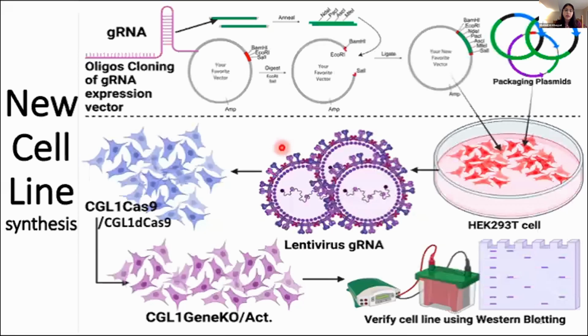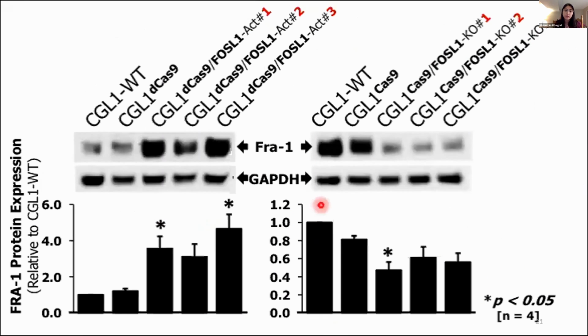Then we designed RNA sequences complementary to the Fosl1 gene and created gRNA lentivirus particles carrying them. We infected the CGL1 cell line, with either the Cas9 or dCas9 component. Finally, we used Western blotting to verify that these cell lines either overexpress or knock down FRA1.